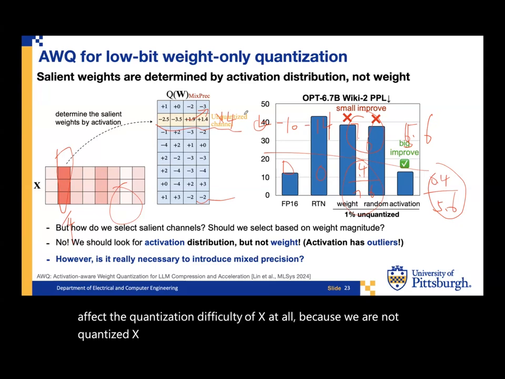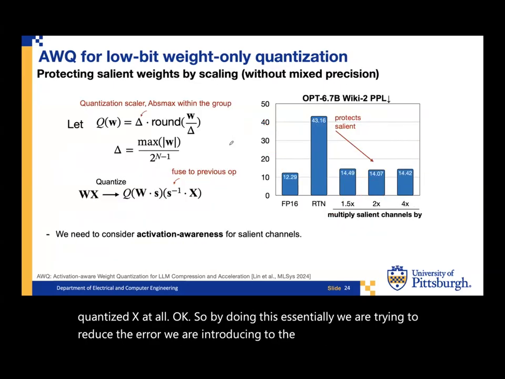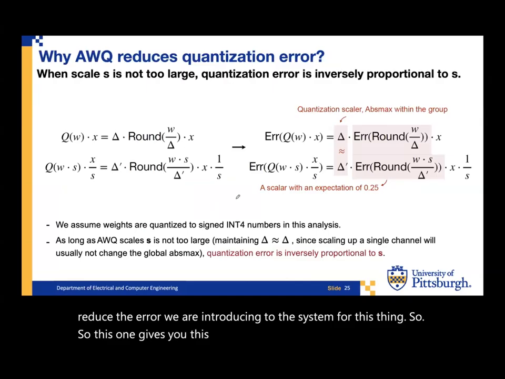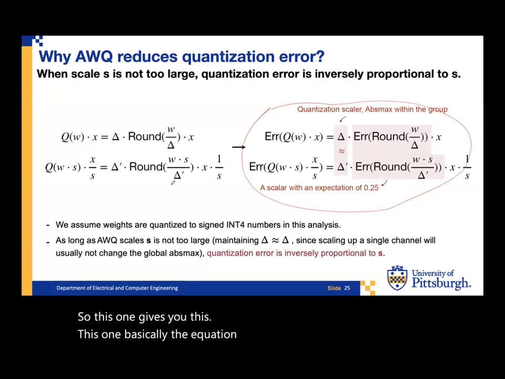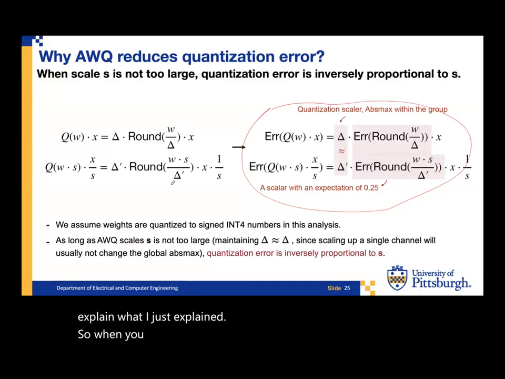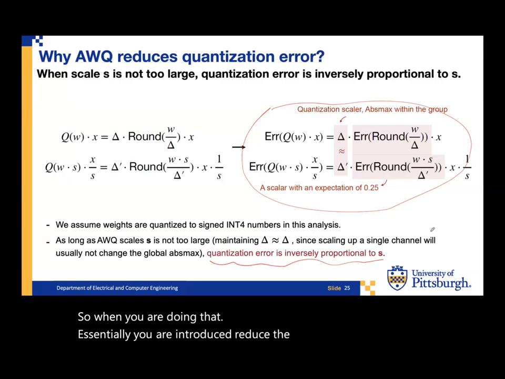So by doing this, essentially we are trying to reduce the error we are introducing to the system. The equation here is trying to explain what I just explained. So when you are doing that, you reduce the quantization error that's introduced to the system.